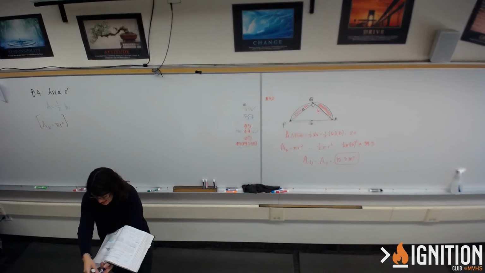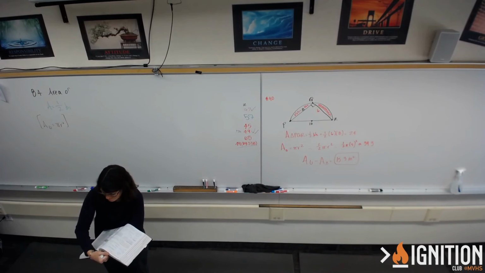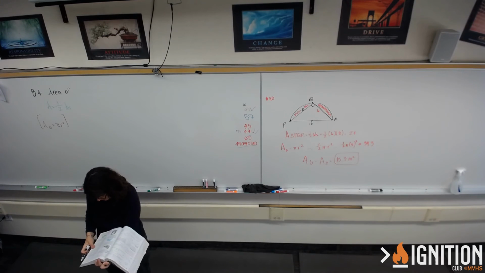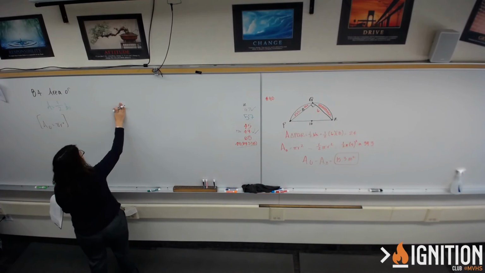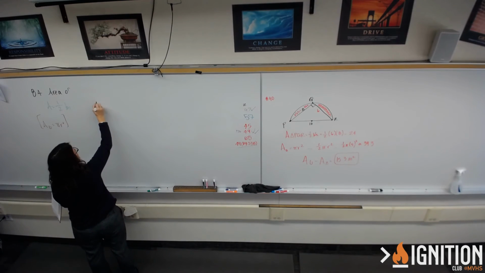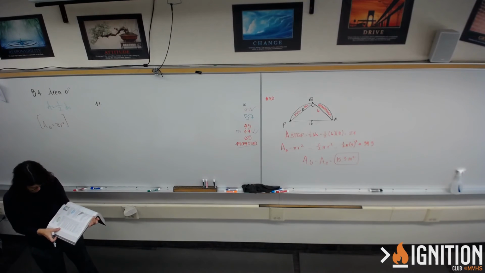Okay, so this is section 8.2. We're rescuing the Coast Guard. The Coast Guard Station Able is located 150 miles due south of Station Baker.